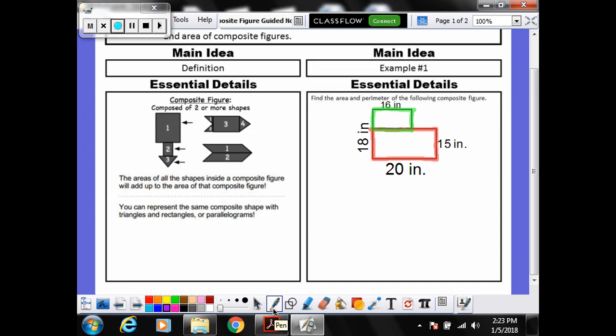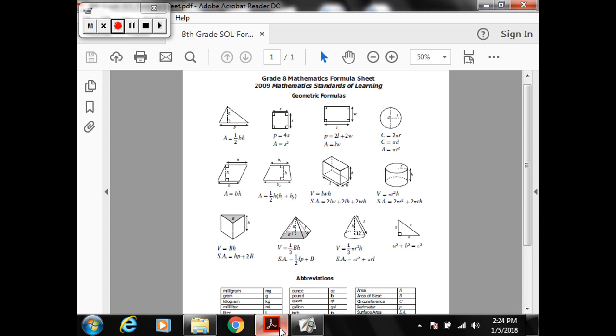When finding the area of this shape, we're going to have to find the area of two different rectangles. Remember, we have this formula sheet which has all of these different shapes on it for you to use: triangle, square, rectangle, circle, and trapezoids. Sometimes you might have to use the Pythagorean theorem that we talked about earlier this week to find the lengths of a right triangle as well.